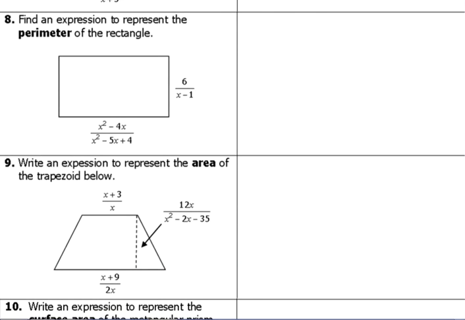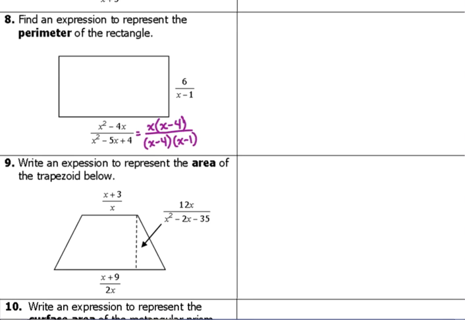But let's do ourselves a favor and let's factor that length expression to start with. If we factor that out, we have a GCF of x in the numerator. And in the denominator, wouldn't that be x minus 4 times x minus 1? Because negative 4 times negative 1 is positive 4.